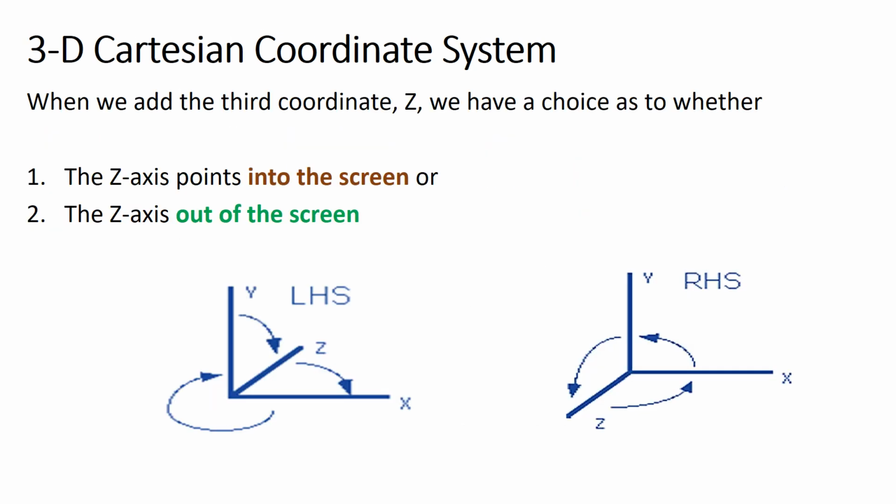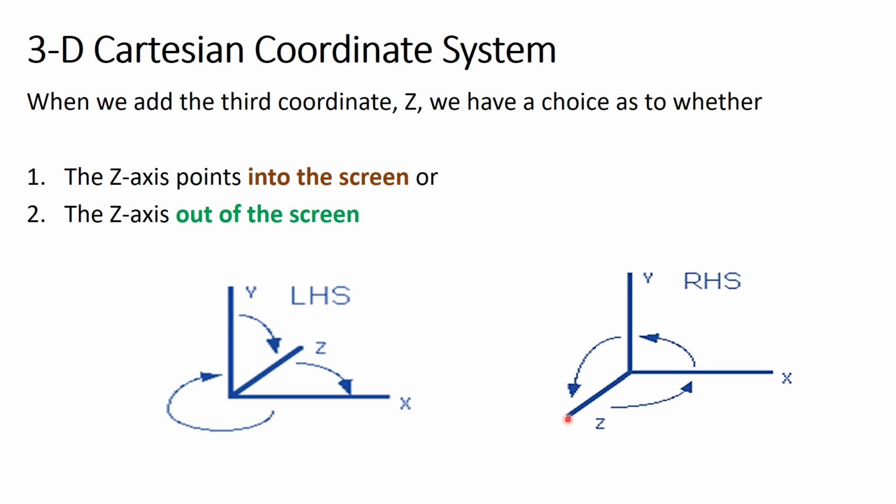3D Cartesian coordinate system. When we add the third coordinate, the z, we have a choice as to whether the z points into the screen or out of the screen.